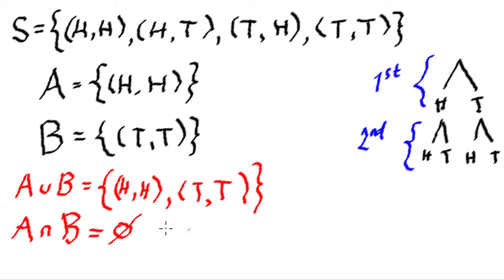So we say since A intersection B is null or empty, there are no common outcomes between them.